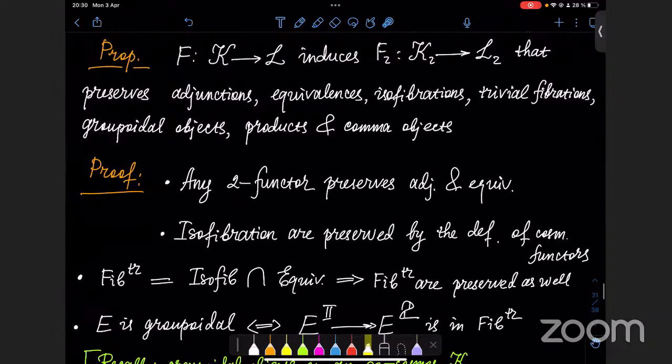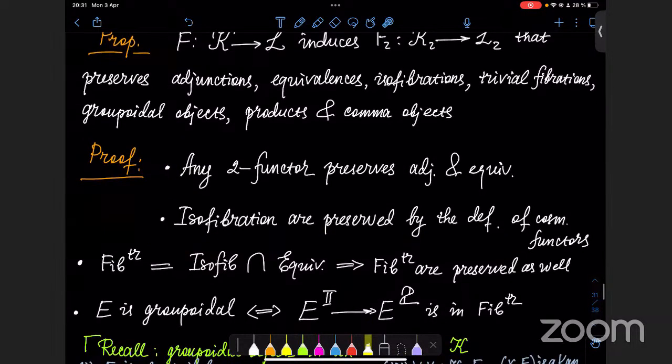But anyway, any 2-functor preserves adjunctions and equivalences. That is the first fact. The second: isofibrations are preserved by the definition of cosmological functors.